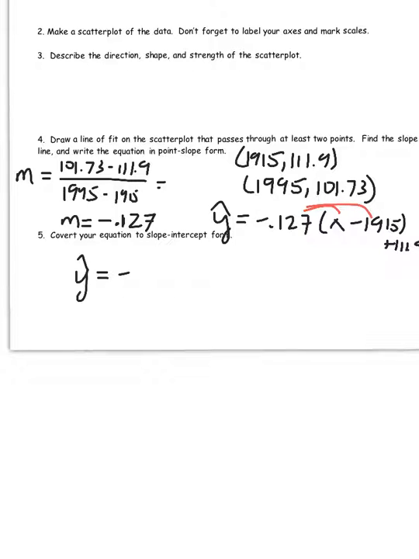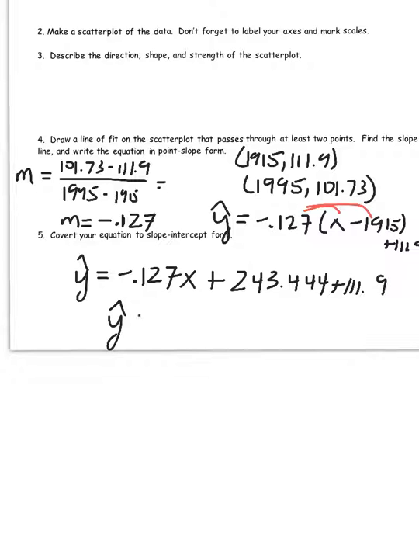So I've got negative 0.127x, and then we have a plus 243.444 plus that 111.9. So we've got negative 0.127x plus 355.344.